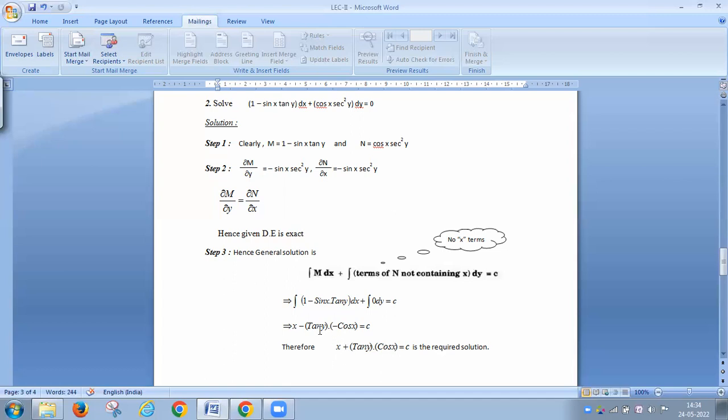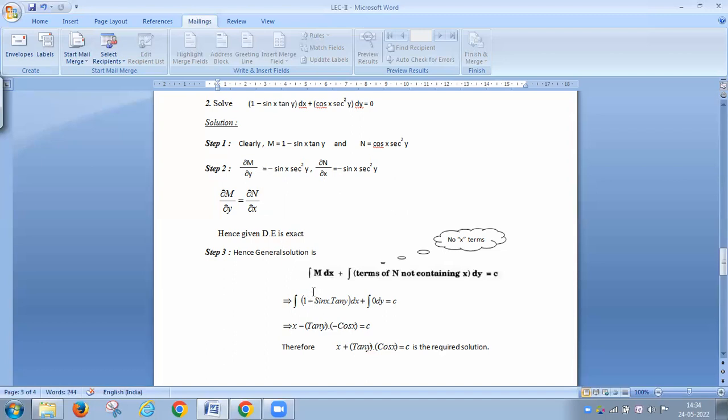So these are the problems regarding exact differential equations. You have to learn all the formulas regarding differentiation and integration. In each and every problem, you will encounter these formulas. While finding ∂M/∂y and ∂N/∂x, we are using differentiation.